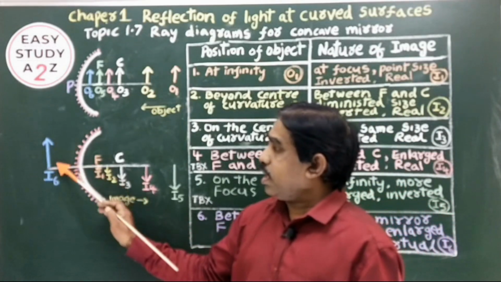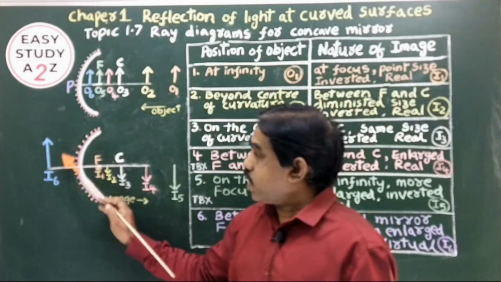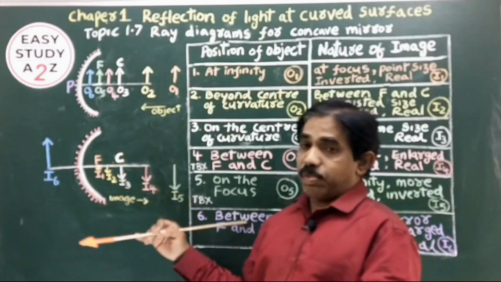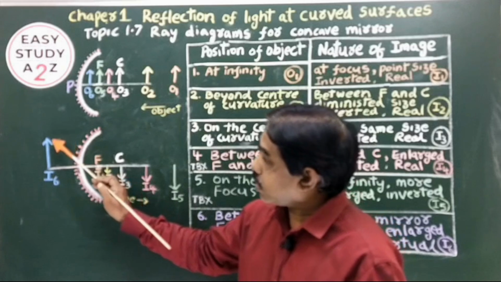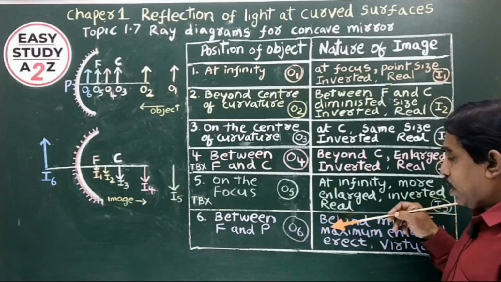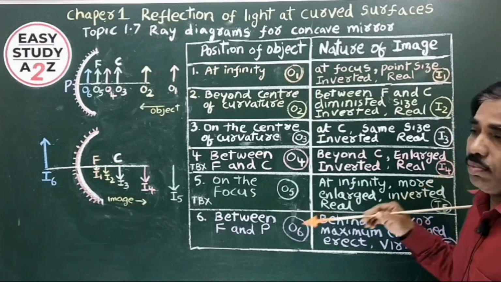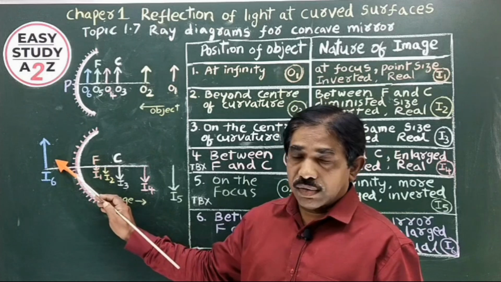You see here, it is virtual and it is erect. It is virtual because we get it behind the mirror, and it is an erect image. We get an erect image and a virtual image, which is very much enlarged or magnified.